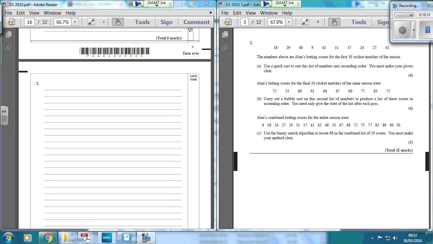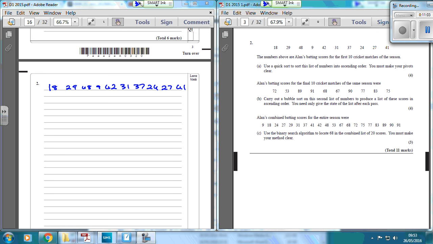Okay, I realise that the video will have jumped now because I've just changed the screens whilst the video was paused, so apologies for that. The next one is to use a quicksort algorithm. So what we're going to do is we're going to write out the numbers to start off with: 18, 29, 48, 9, 42, 31, 37, 24, 27, 41.